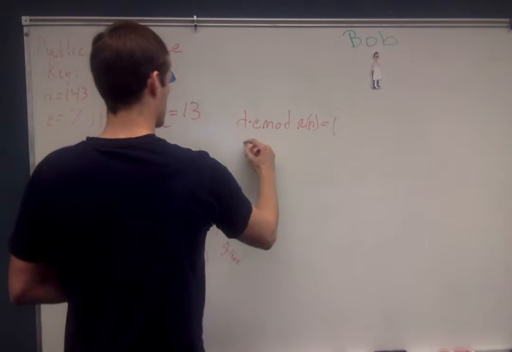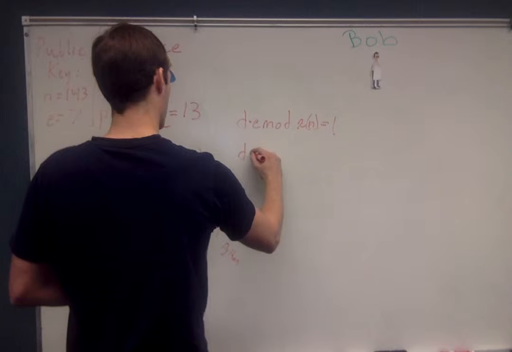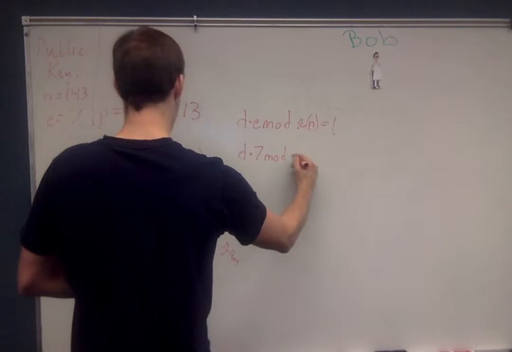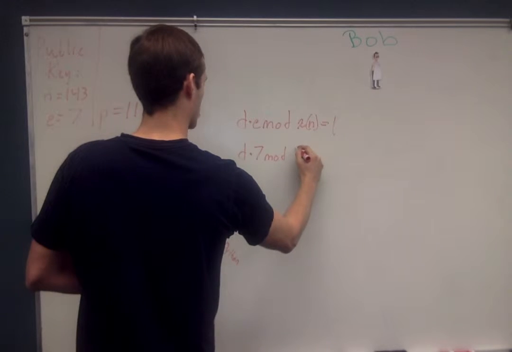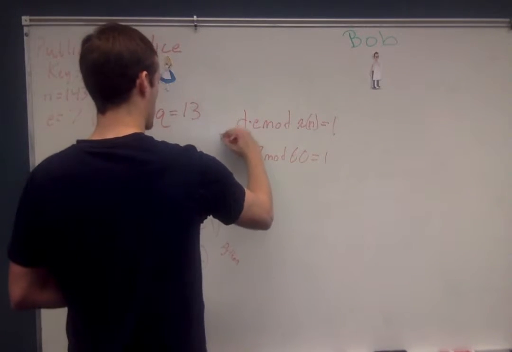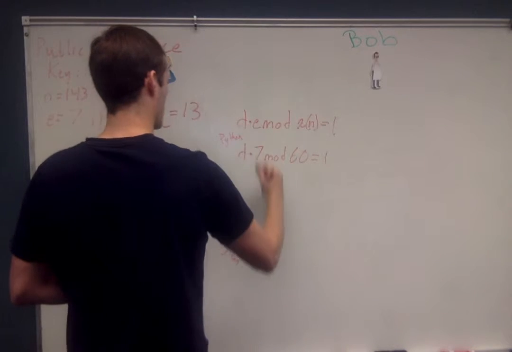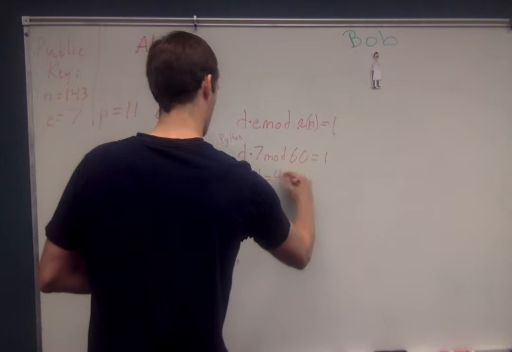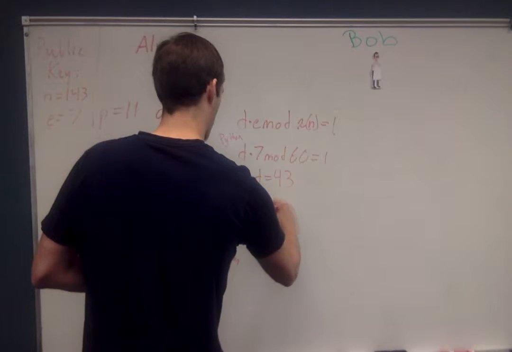In this case, D times 7 mod 60 equals 1. Again, you can use Python for this, and that is going to come out to be equal to 43, and this is our private key.